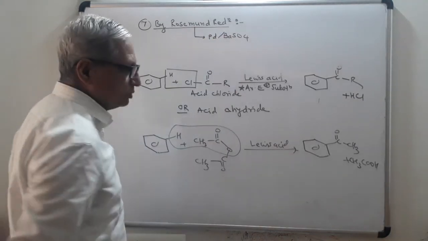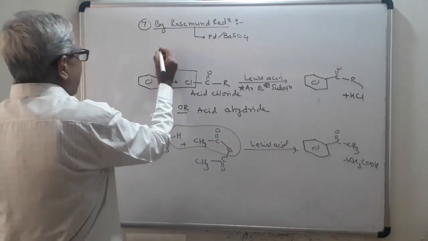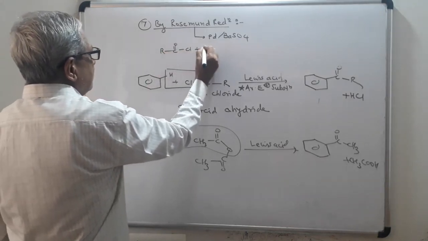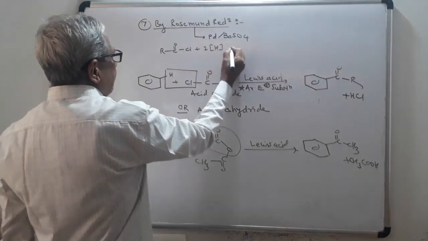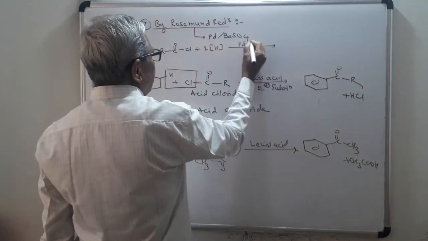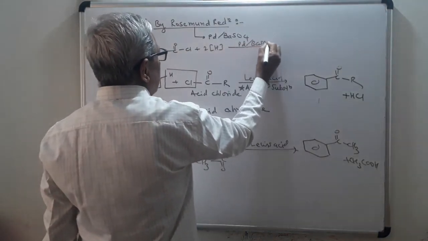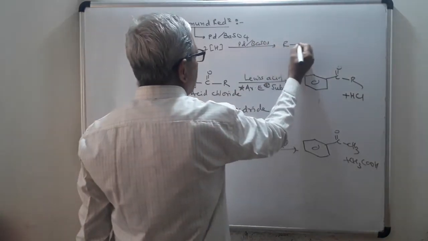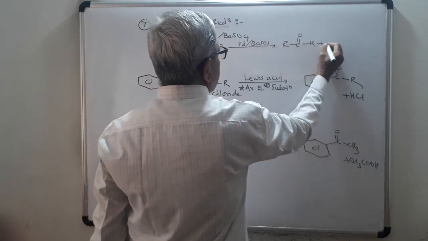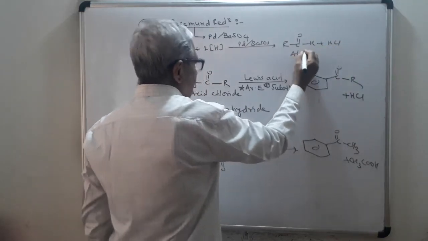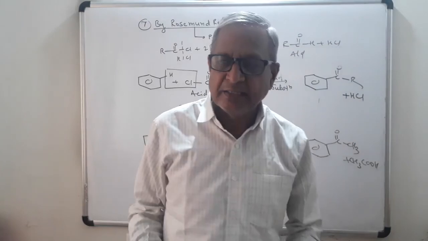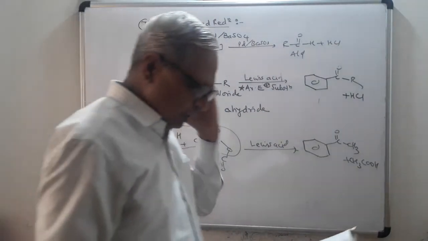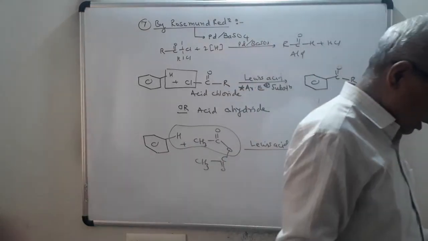A particular reagent is used. In this reaction, acid chlorides, RCOCl, plus 2 hydrogen atoms. By using palladium and BaSO4, you can break this bond, H and Cl. You will get here RC double bond O H plus HCl, and this is the general formula for aldehyde. And hence we can say that by this reaction we can prepare only aldehyde and not ketone.